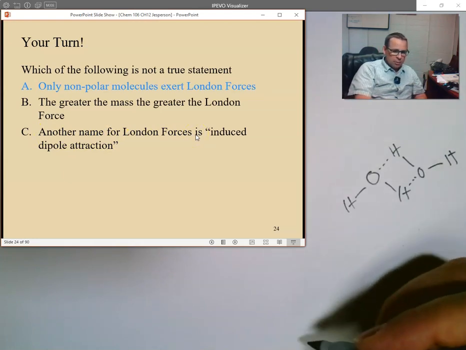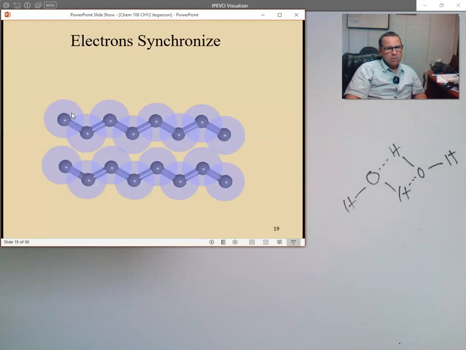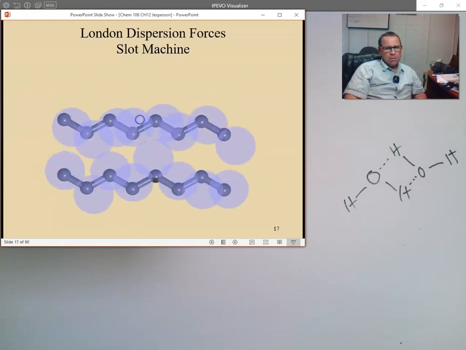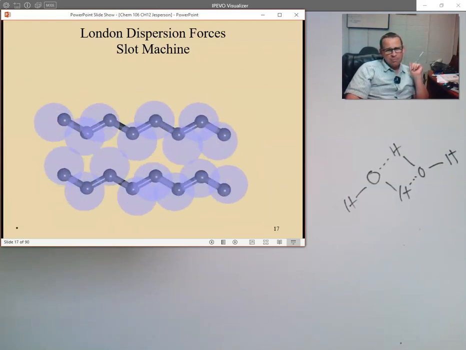If I have my slot machine situation here, and I stop it at any given moment, if, for example, the electron density over here is kind of moving towards this molecule a little bit, that's bringing negative charge.